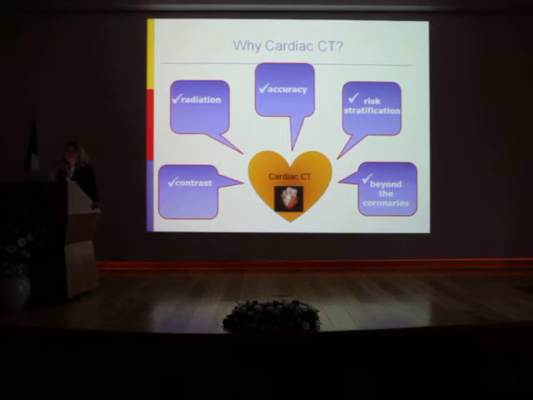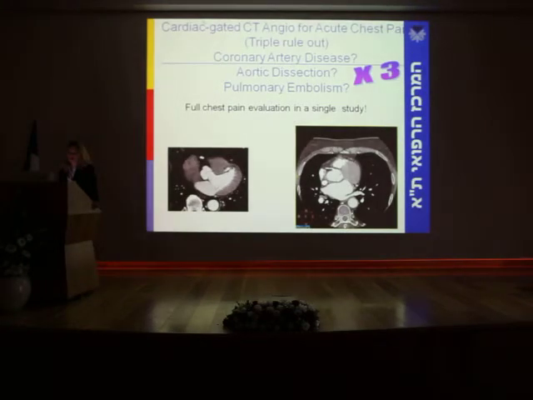And now, what's beyond the coronaries? One of the advantages of CT is the large field of view. We can inject more contrast, open the field of view in order to see also the lungs, and have a triple rule-out protocol, which includes ruling out not only coronary artery disease, but also aortic dissection and pulmonary embolism.